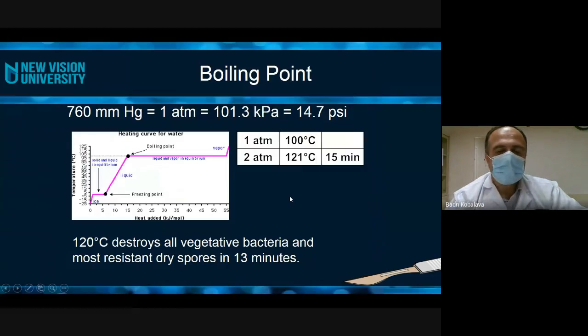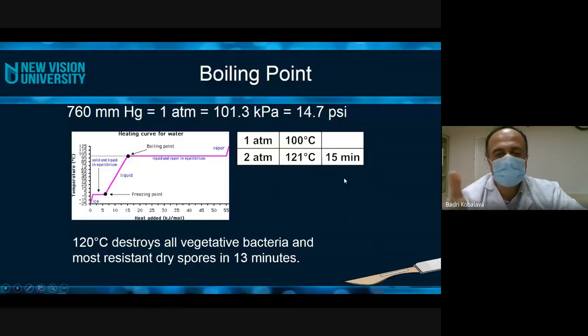Autoclaving. So the parameters for autoclaving are 2 atmospheres, at which the water boils at 121 degrees. So the temperature of the steam is 121 degrees, and 15 minutes are enough to kill any bacteria, fungi, spores, etc. Actually 13 minutes is enough, but to be sure, 15 minutes is the standard.